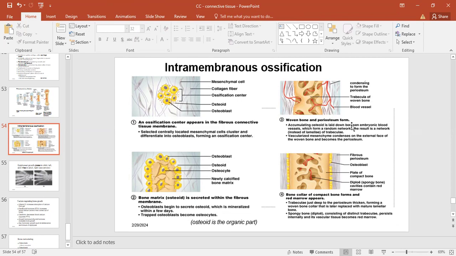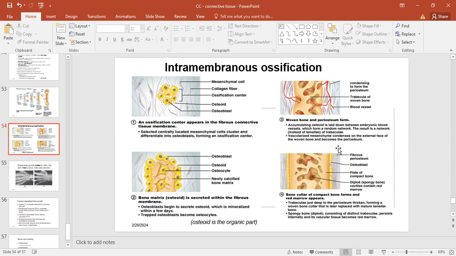Accumulating osteoid is laid down between embryonic blood vessels, and these form a random network within the meshwork of the woven bone. So inside the flat bones, there's going to be a network of bony trabeculae instead of lamella.